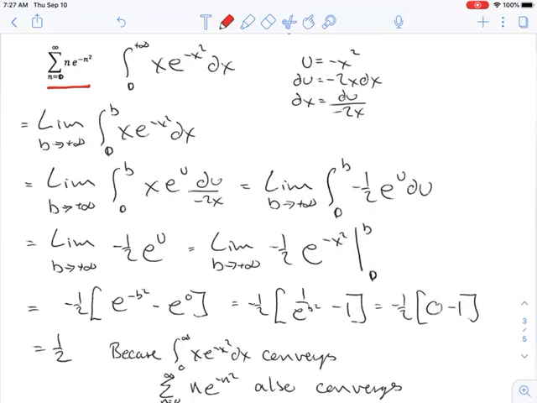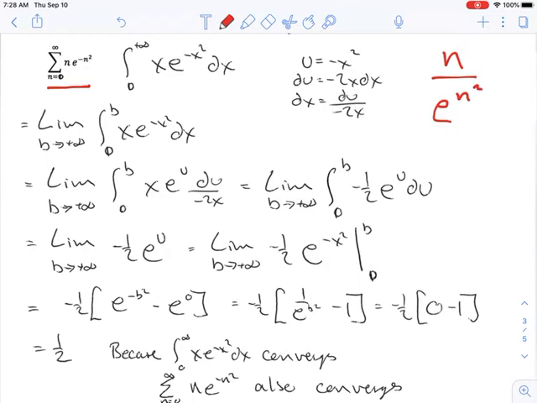So again, if we were to apply the divergence test, we would take the limit as n approaches infinity. Well, we have an n in the numerator, so it's getting infinitely large. And then e to the negative n squared. Sometimes people like to rewrite this as n over e to the positive n squared.